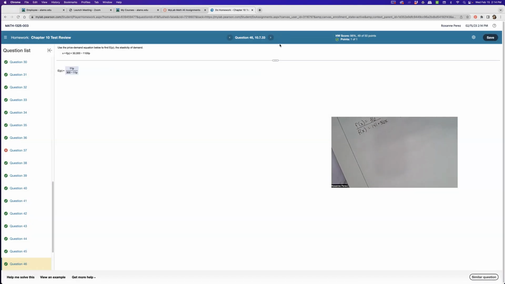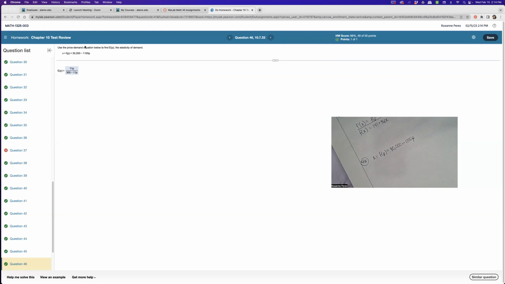Now problem 46. We are given the function x equals f of p, which equals 30,000 minus 1100p.